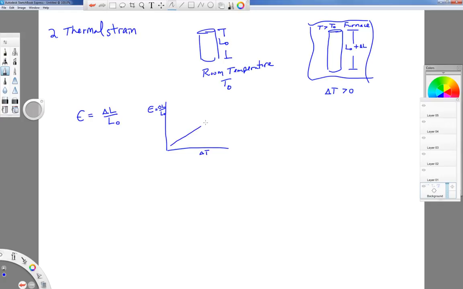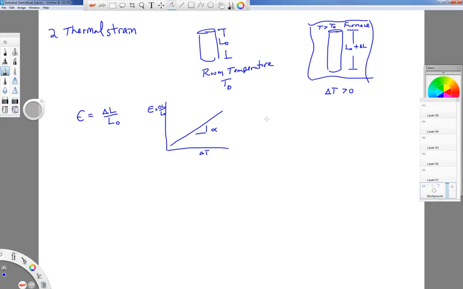As the temperature increases, the strain will increase. For a lot of materials, this is basically a straight line relationship for a certain portion of their temperature behavior. And the slope of this line is associated with something called the coefficient of thermal expansion, alpha.